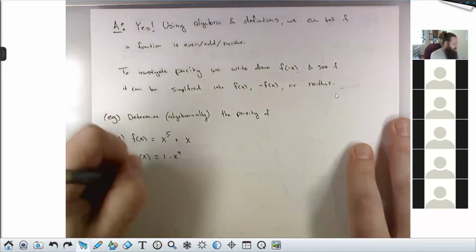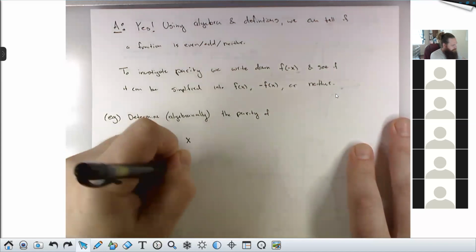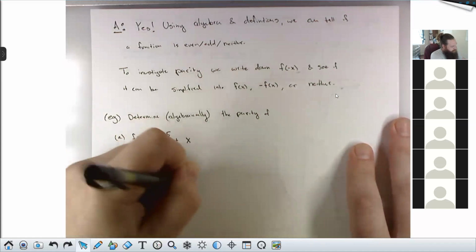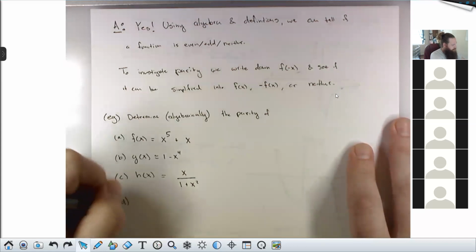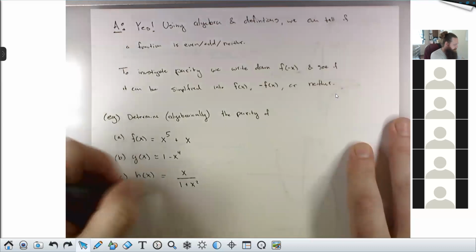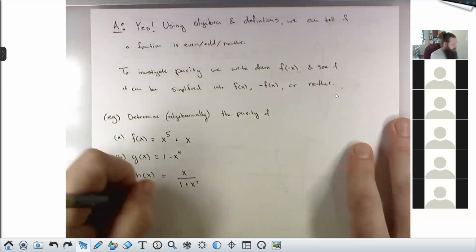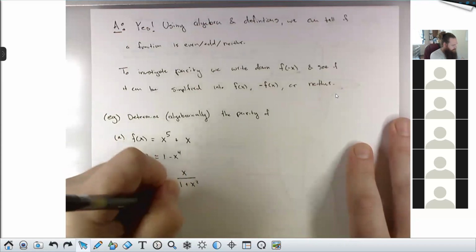Let's get a couple more of these in here. How about h of x equals x over 1 plus x squared. E of x equals 2x minus x squared.